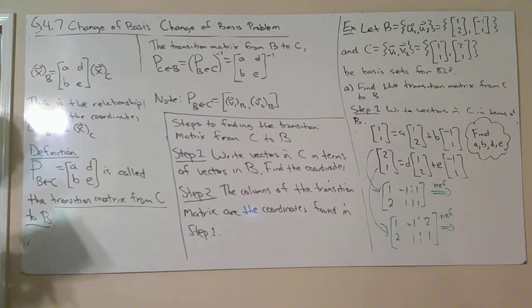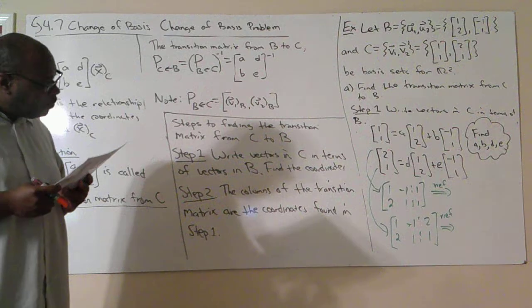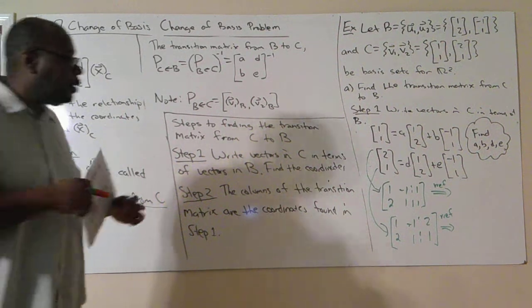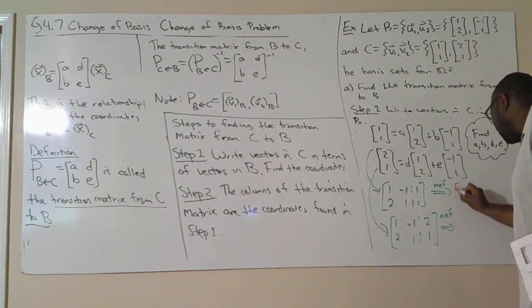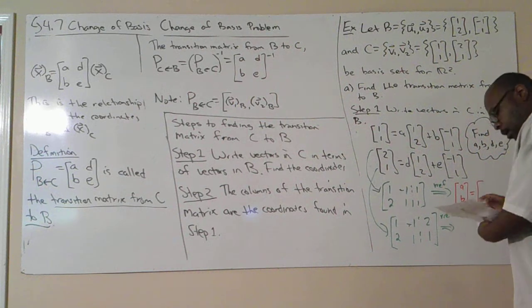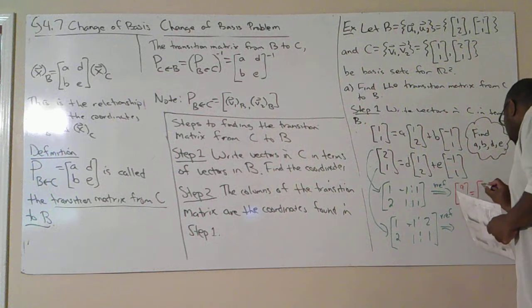If I did it correctly, I got a equal to 2/3 and b equal to negative 1/3. So (a, b) is equal to (2/3, -1/3).